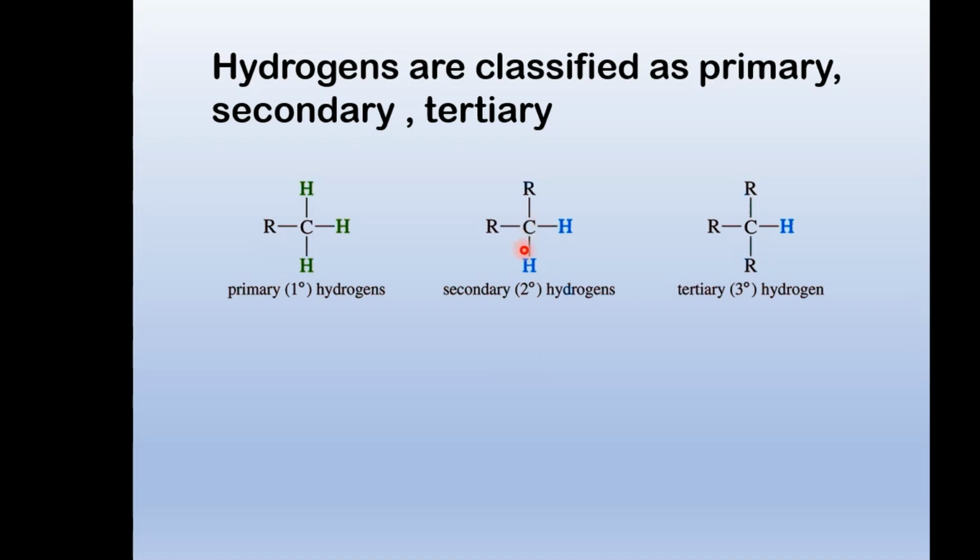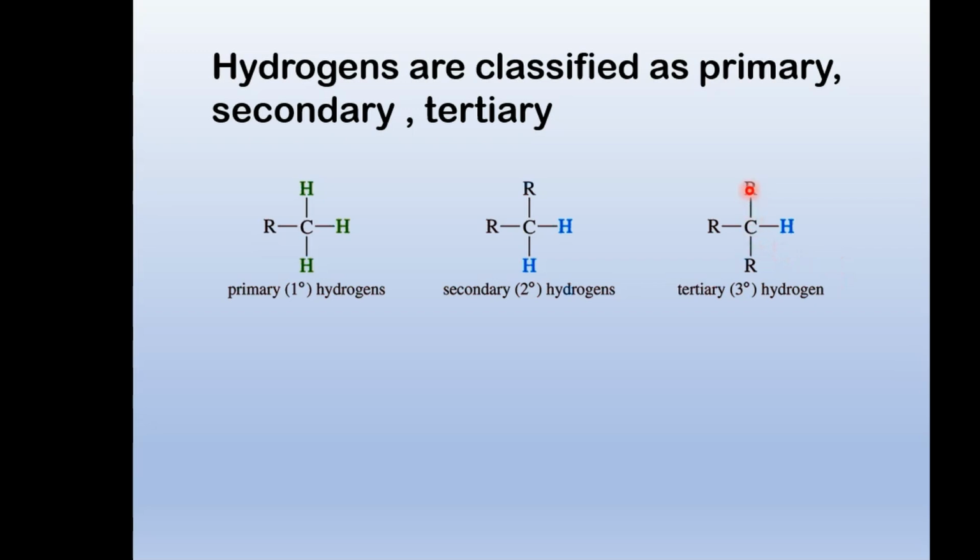If I imagine a carbon connected to two other carbons, we call this a secondary carbon, so we can call the hydrogens attached to it secondary hydrogens. Here's a carbon connected to one carbon, so I call this a primary carbon. Likewise, the hydrogens connected to this carbon we call primary hydrogens.